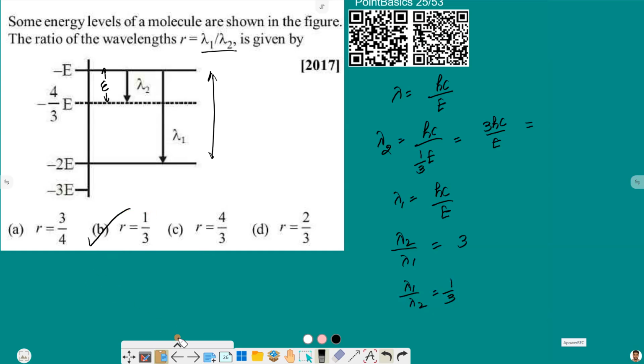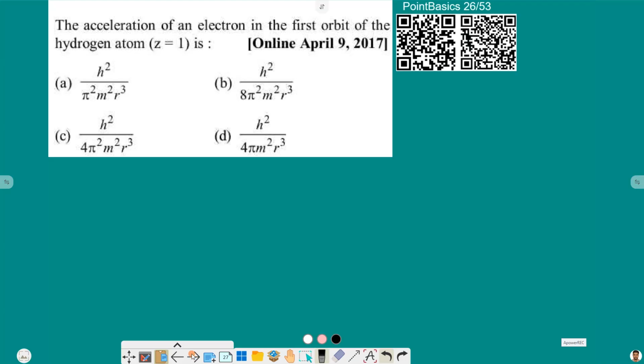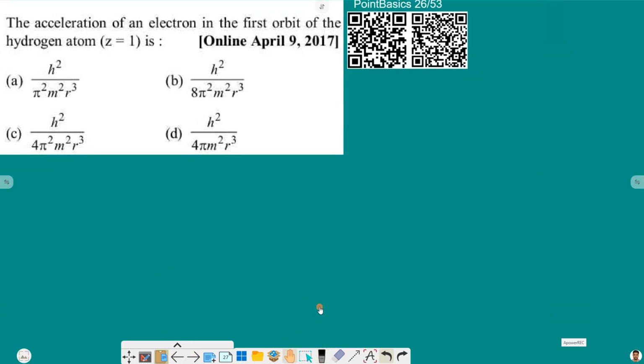Now let's move to the next one, 26, and this is going to be the last question for today, I think. The acceleration of the electron in the first orbit of the hydrogen atom. Now, as the electron moves in a circular orbit, and we assume that it is moving with uniform velocity, in a proper circular orbit, it has only centripetal acceleration.